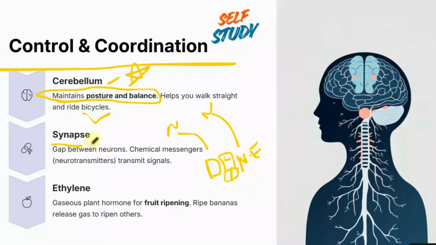So this gap is known as the synapse. Gap between the neurons. Chemical messengers, neurotransmitters, transmit signals.